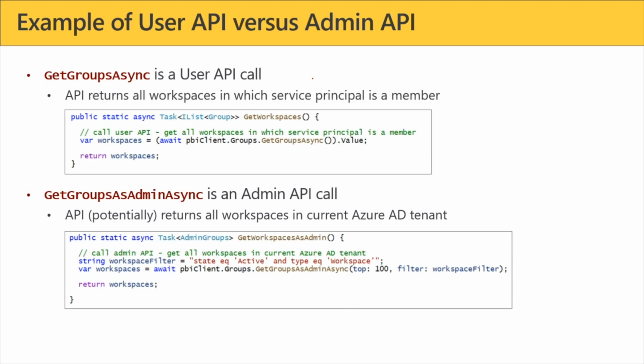Note that when you call get groups as admin, my puny little tenant only has 20 workspaces. But if you're in a tenant that has 5,000 workspaces, you're not going to be able to make a simple call and get back all of them. So get groups as admin has lots of different parameters, so you can go through and take smaller chunks, maybe one workspace at a particular time.